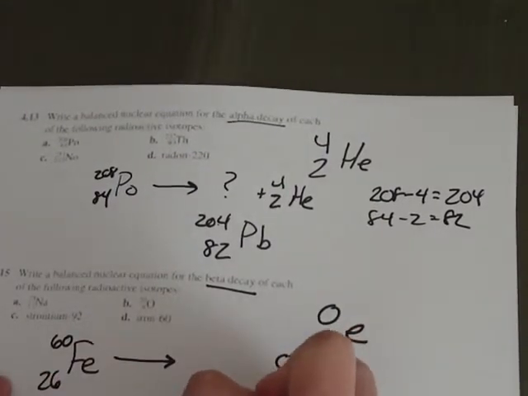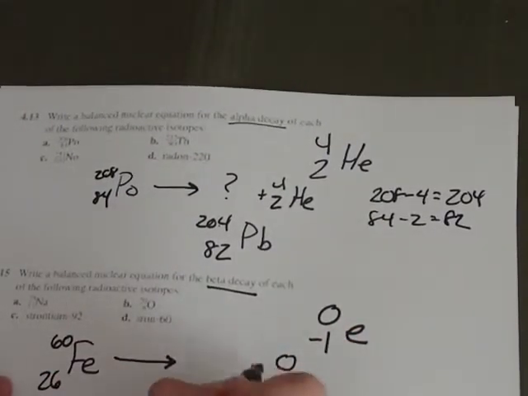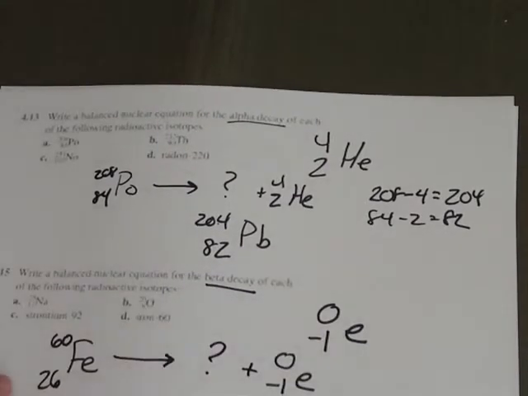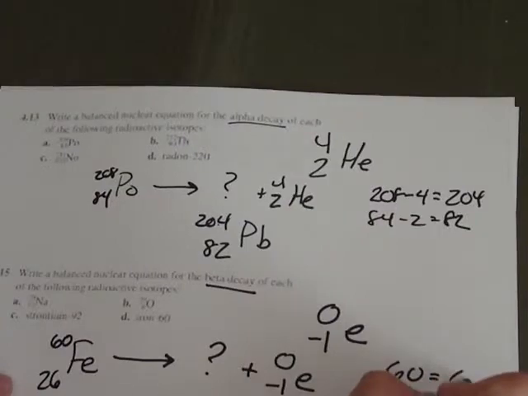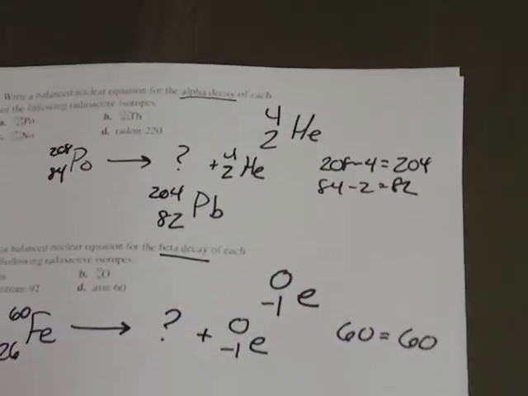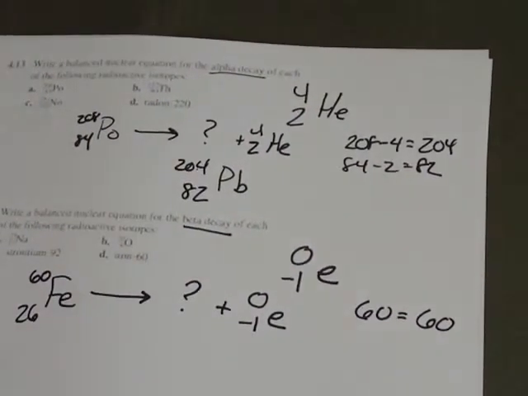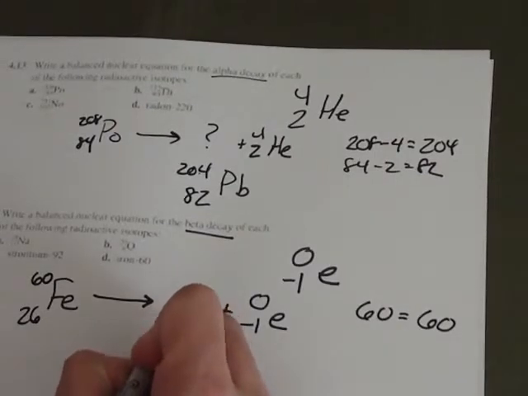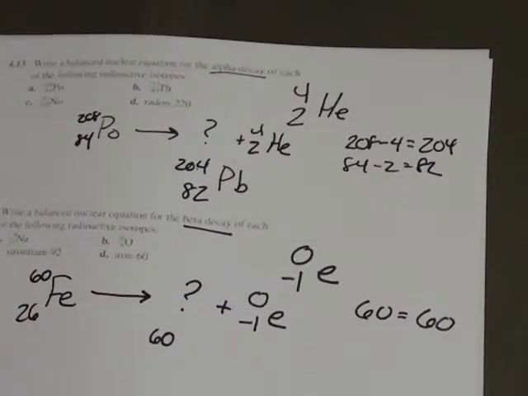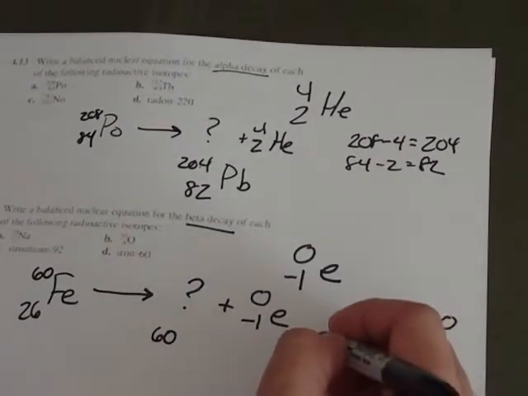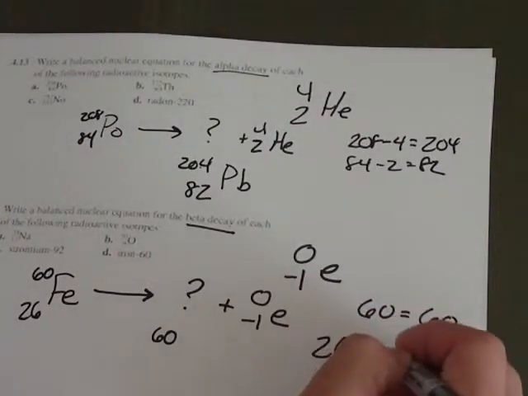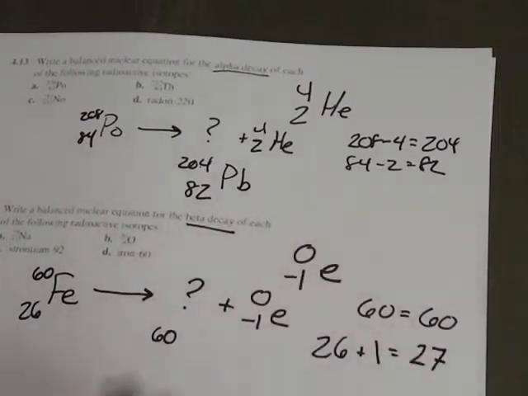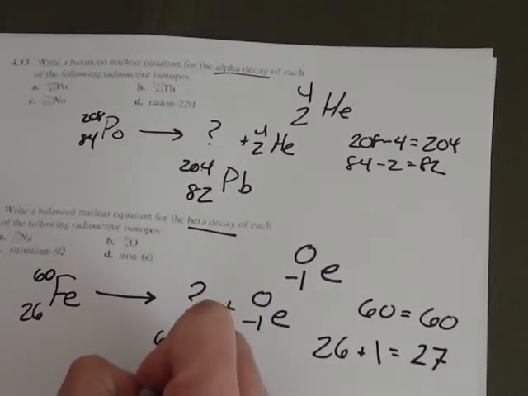We're going to be losing that beta particle. The mass number is going to be 60 on both sides, so we're not changing the mass number. For the atomic number, it's going to be 26 plus 1, which is 27.